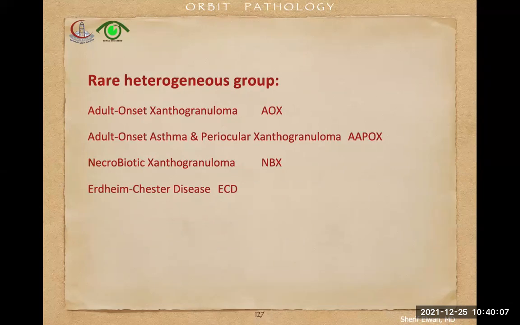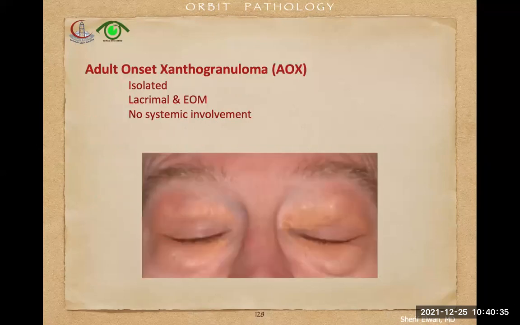There are 4 types of adult xanthogranuloma: the adult onset, the asthma type with xanthogranuloma, the necrobiotic variety, and the Erdheim-Chester disease. The details are not very important to you, but once you are encountered with a case, you have to come back to this and to read it.